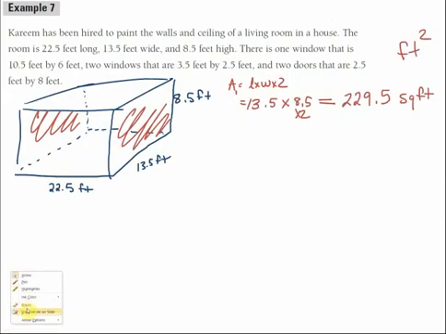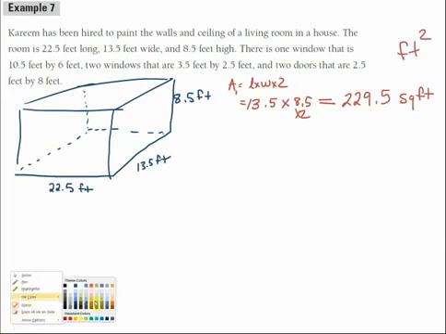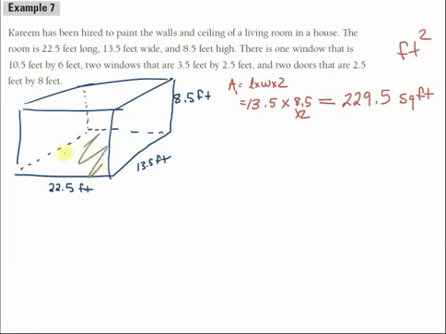Now, get rid of this. Now this guy also has to paint the front and the back. So area 2 is equal to, okay, I'm seeing that the front has a length of 22.5 and a height of 8.5.